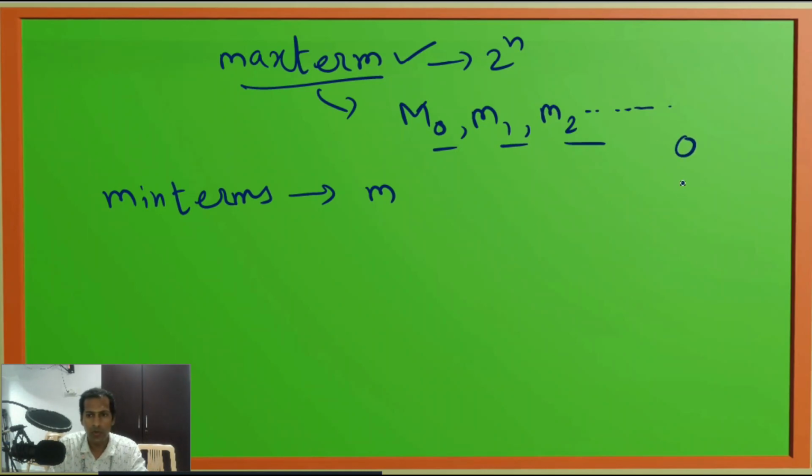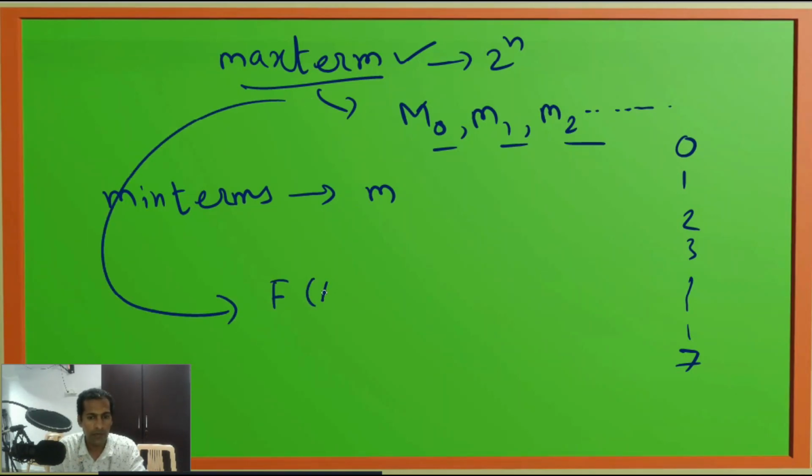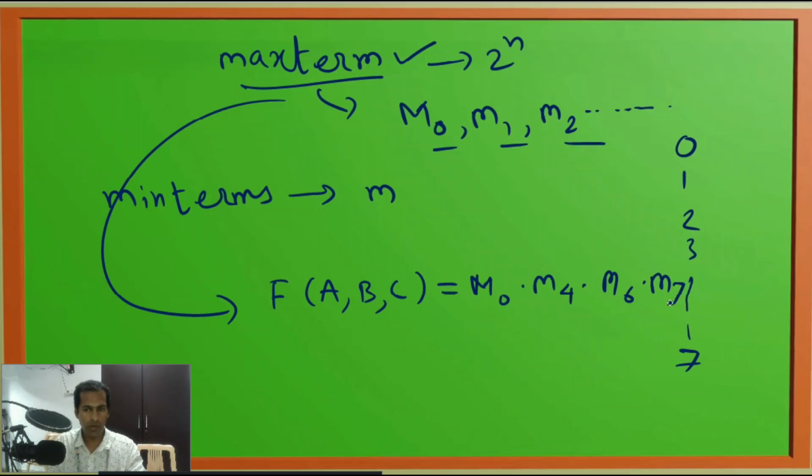Say we have decimal codes from 0 to 7, that is total 8. Now if we have some function in max terms, we can write it as a function of A comma B comma C is equal to, say, M0 into M4 into M6 dot M7. These are representing the products.